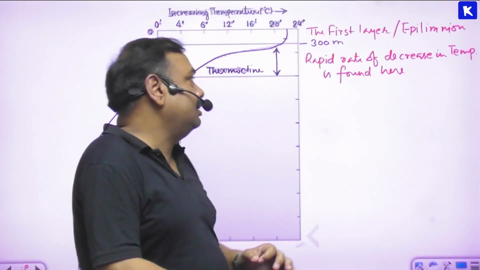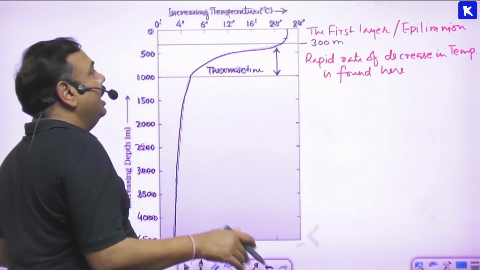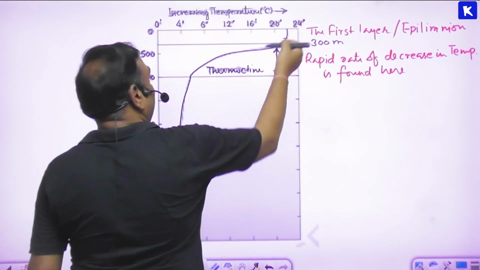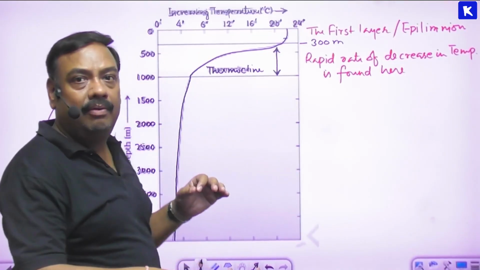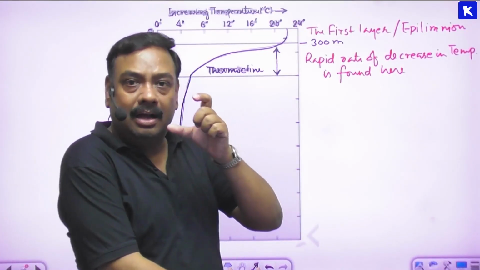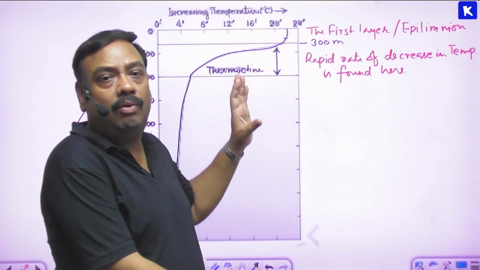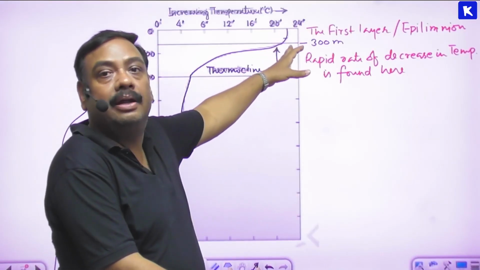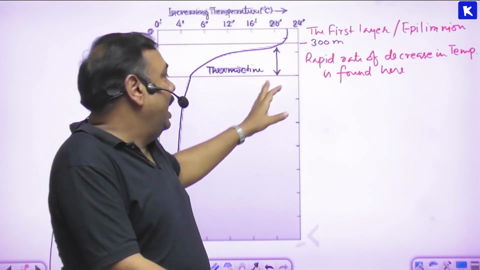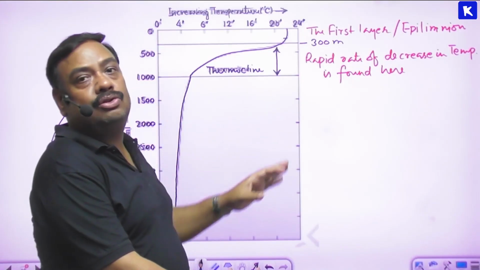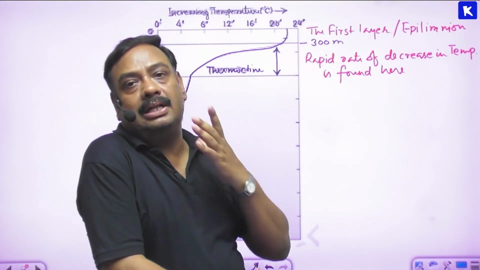One thing I must make clear, that when we see this first layer, in the first layer we saw that the decrease in temperature was 2 degrees Celsius there. And in this depth again there is only change of 2 degrees Celsius of temperature.